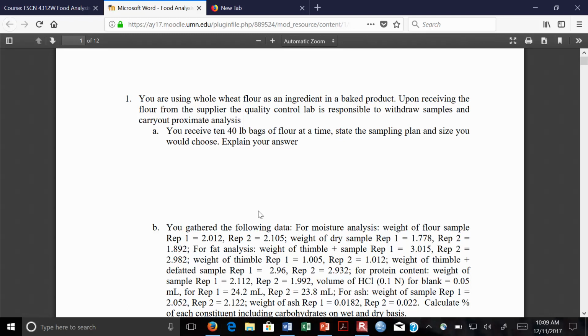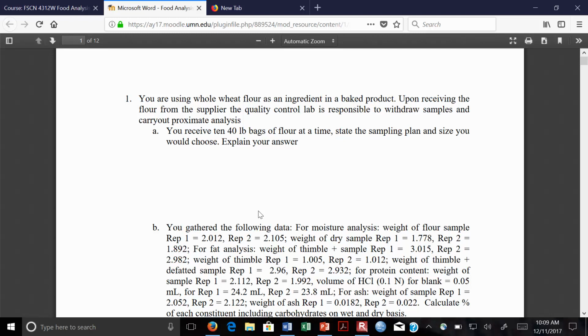When you say state the sampling plan, do you mean actually explain the sampling plan? Yeah, explain the sampling. Well, randomized sample selection. So should we say that?